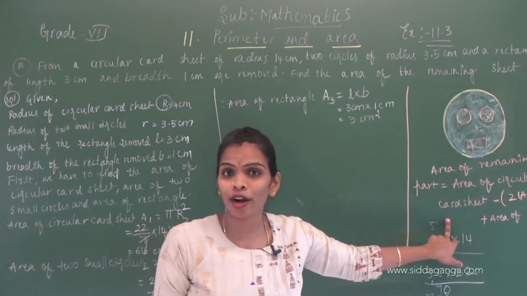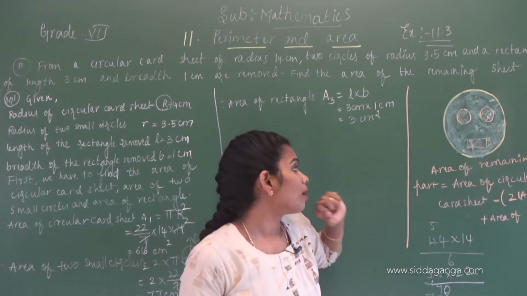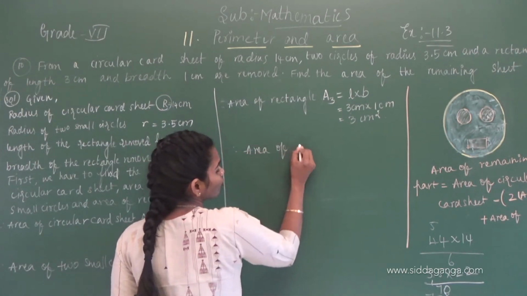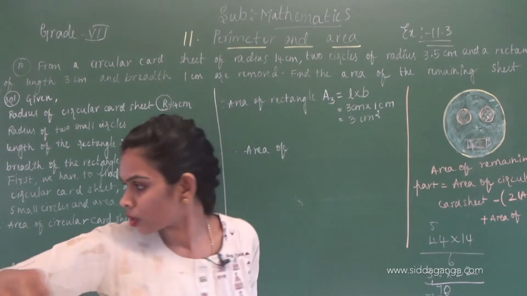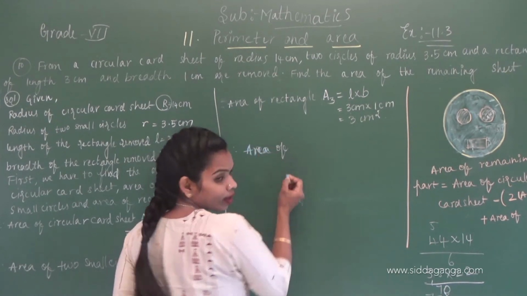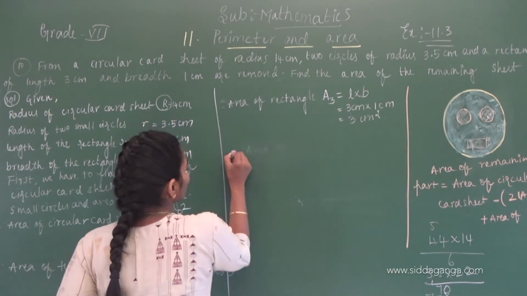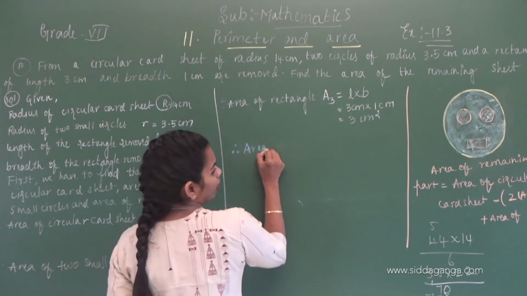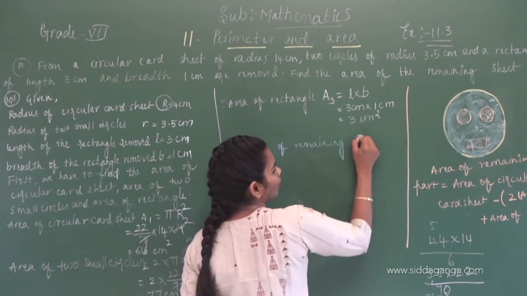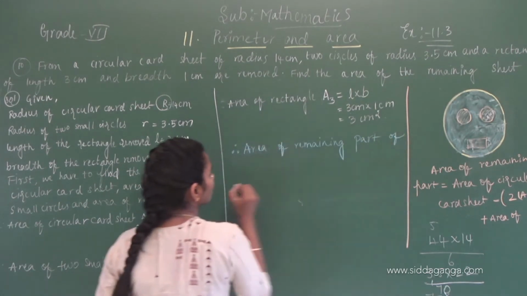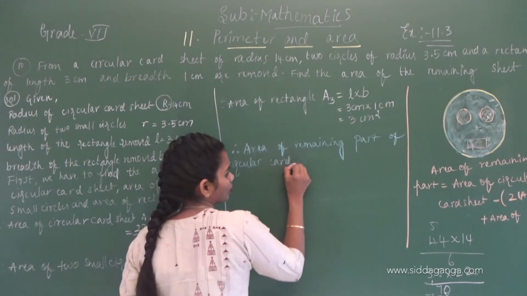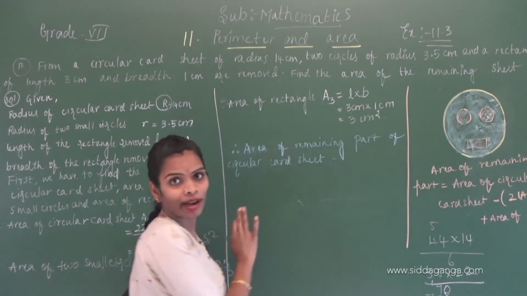We have to use this formula to find the remaining part of a card sheet. Therefore, area of remaining part of circular card sheet is equal to this formula only I am writing here.